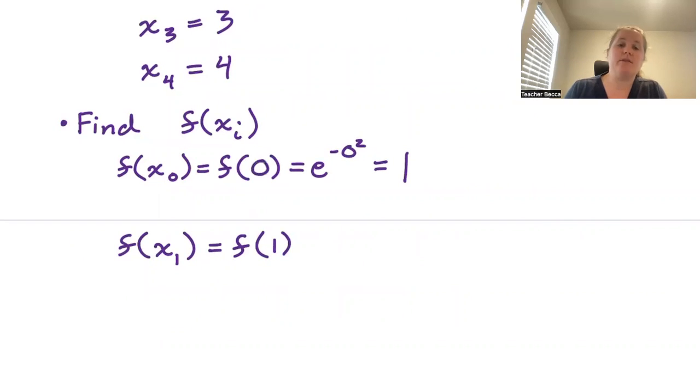Actually, f of x0 I'm going to leave as f of 0, which is 1. f of x1 is f of 1, or e to the negative 1 squared, better known as 1 over e.